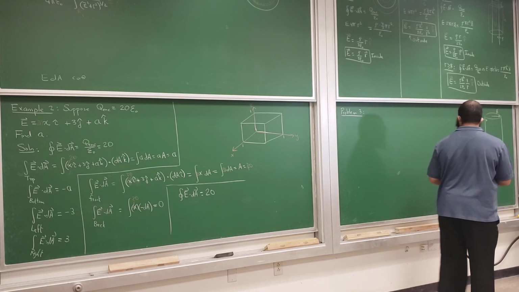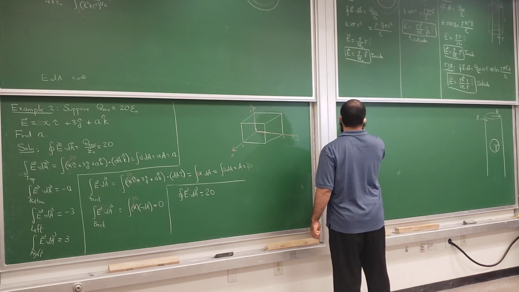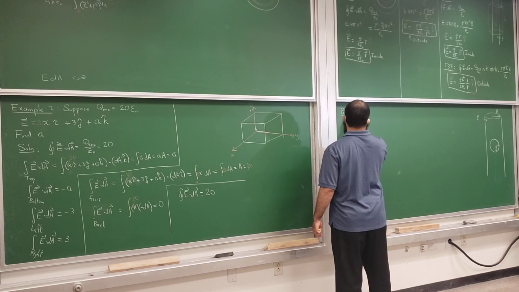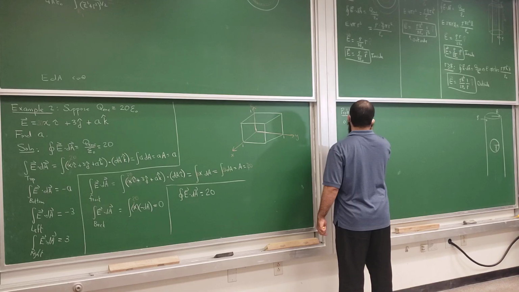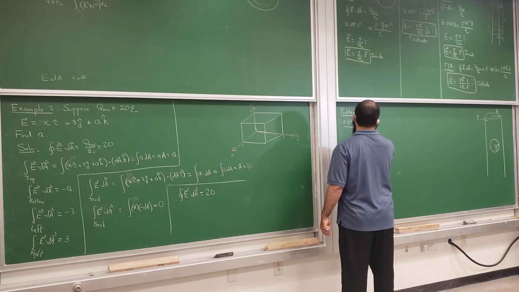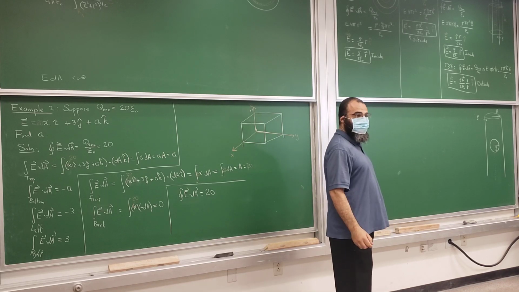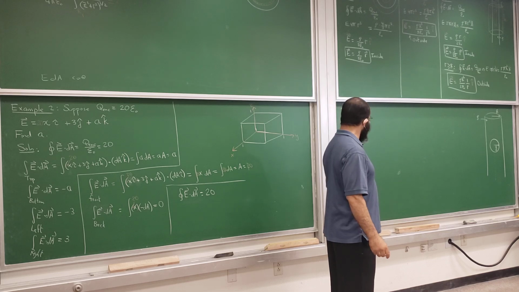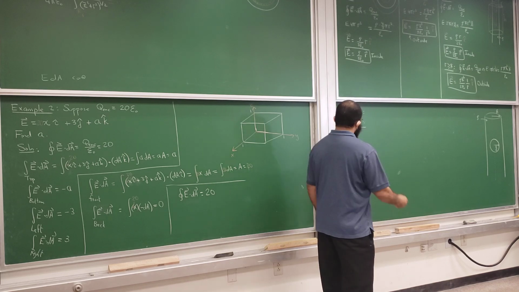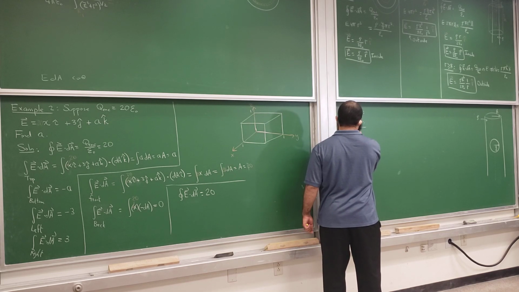So inside, for r between 0 and R over 2, right? We're inside the cavity. The electric field is going to be this.